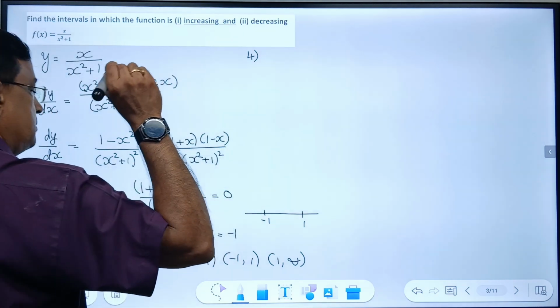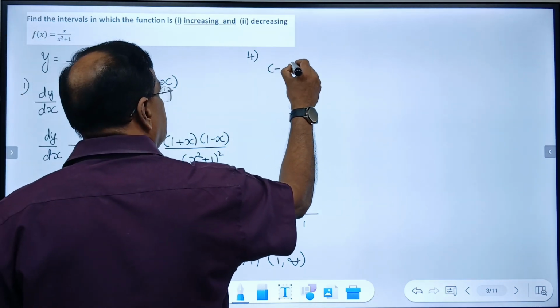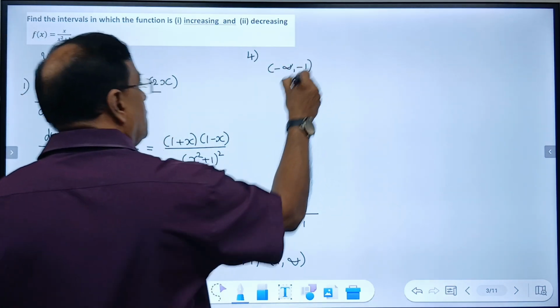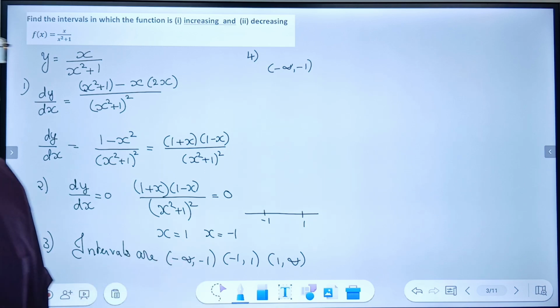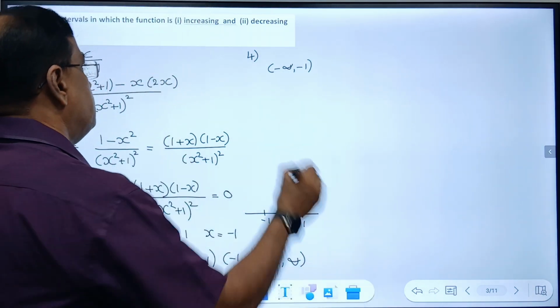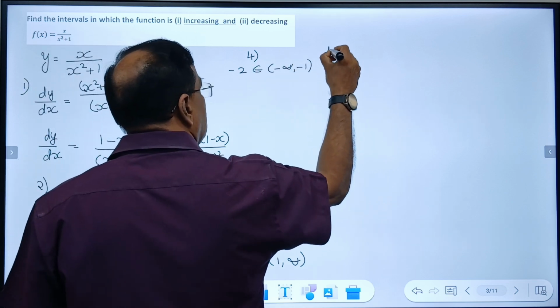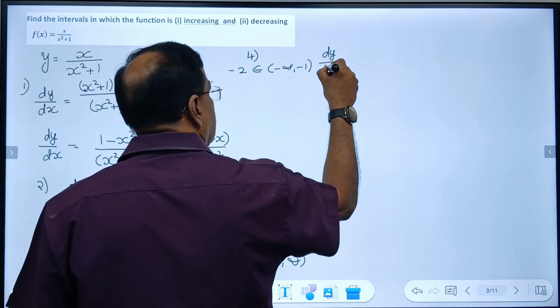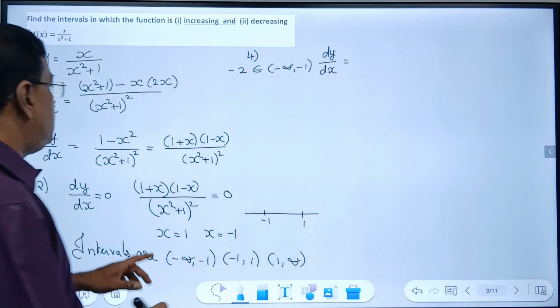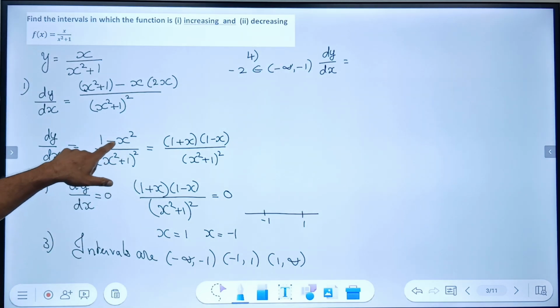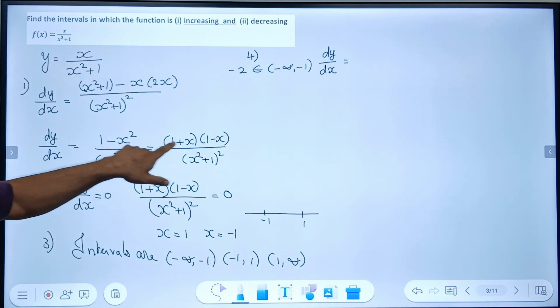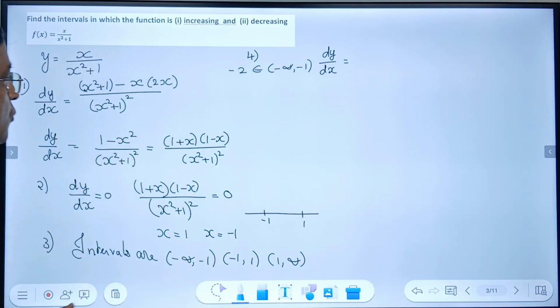Now what is my fourth step? I choose the interval minus infinity comma minus 1. Choose a number in between minus infinity and minus 1. It can be any number, say minus 2. So dy by dx will be what? If I put it here, or here, it doesn't matter where I put it.